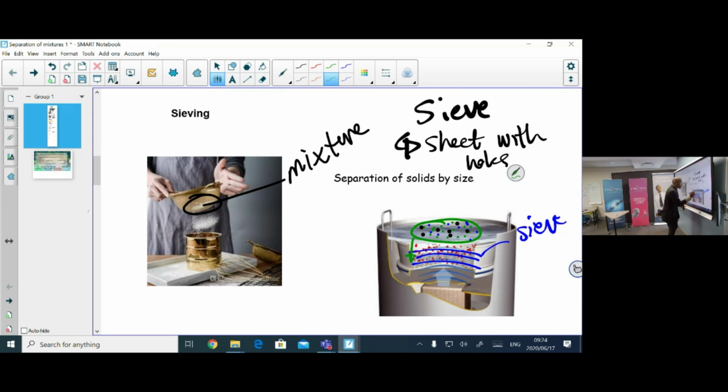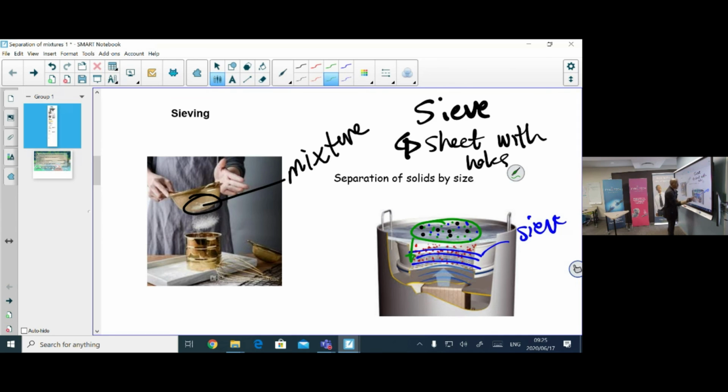As those small particles pass through, you'd be separating this mixture in terms of their size, meaning the bigger or the larger particles will be held up while the smaller ones get to pass through these holes on the sheet.